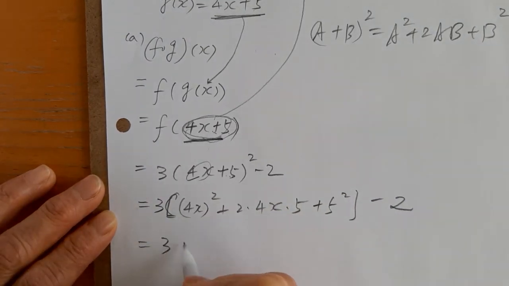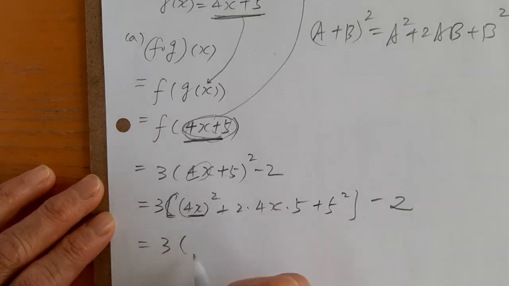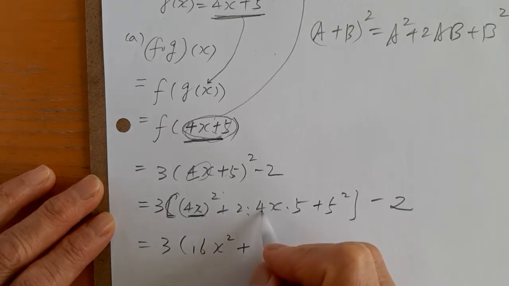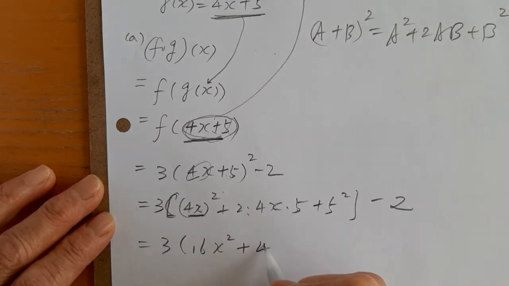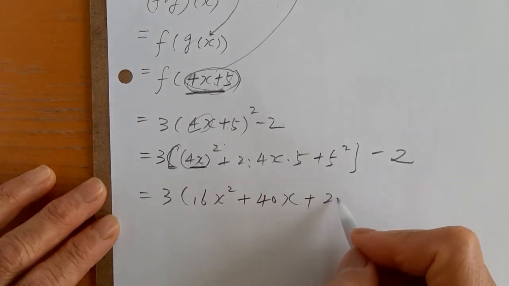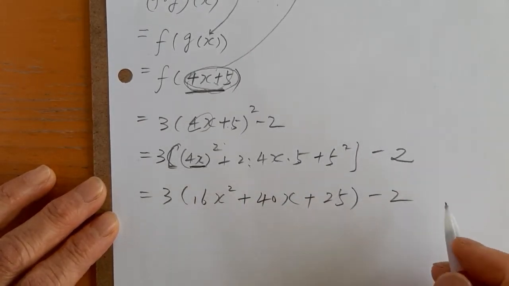So equal to 3 times: (4x) squared is 4x times 4x, 16x squared, plus 2 times 4 times 5 is 40x, plus 5 squared is 25, minus 2.